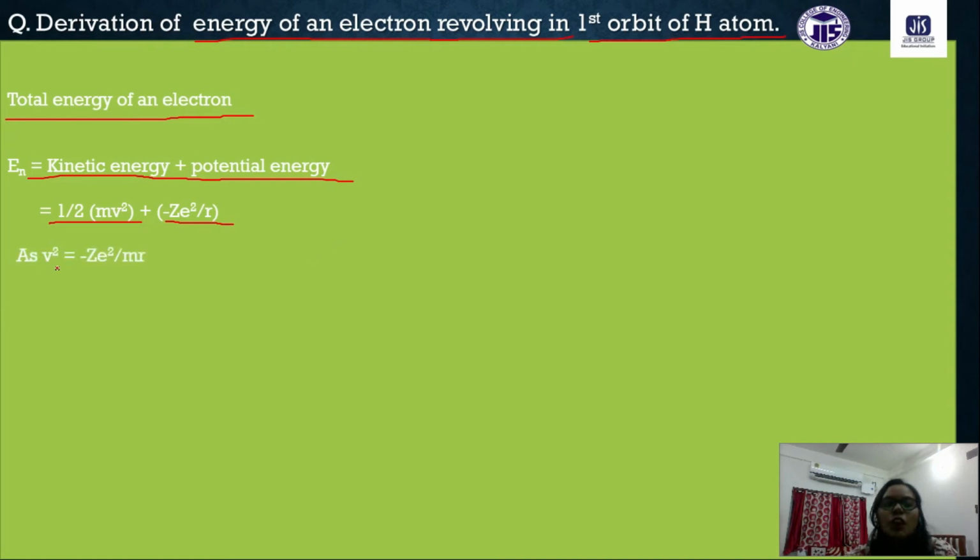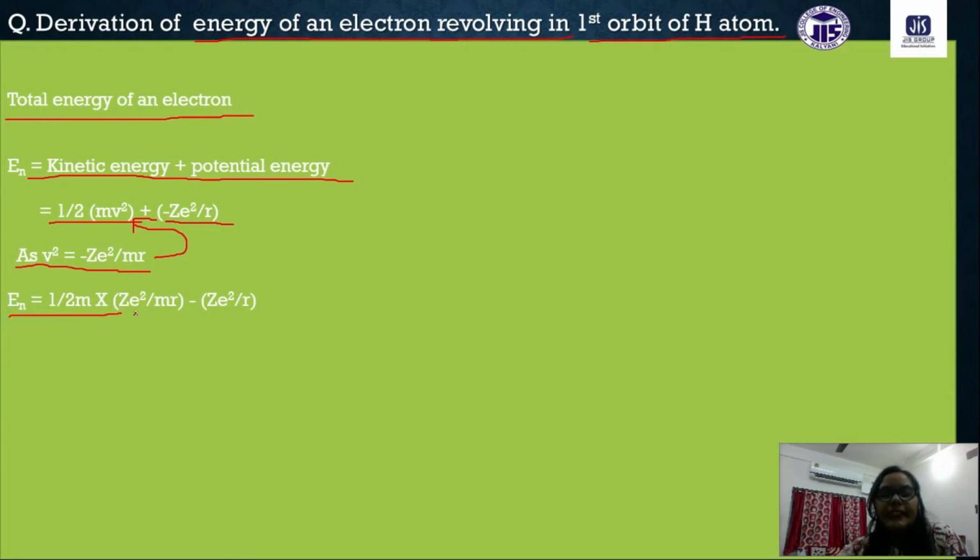Okay, so we know that v square equals minus z square by mr. From the derivation of Bohr's orbit, we have already seen that v square equals minus z square by mr. So if we put this value in this equation, what will we get?